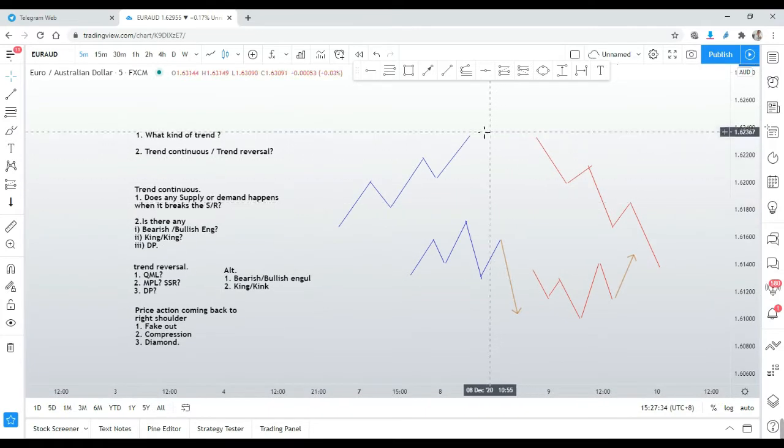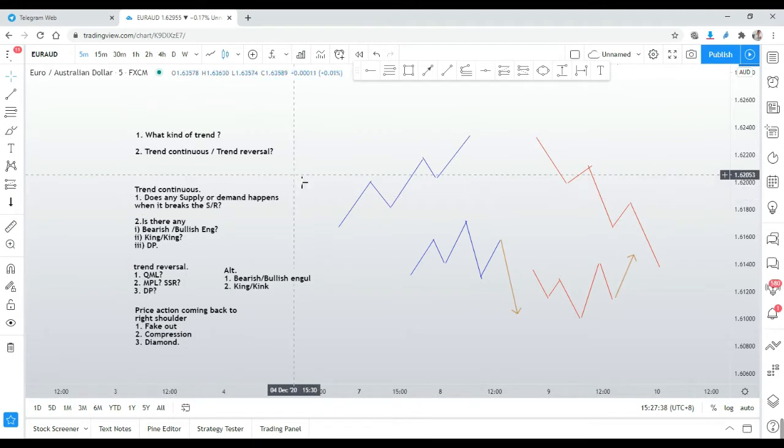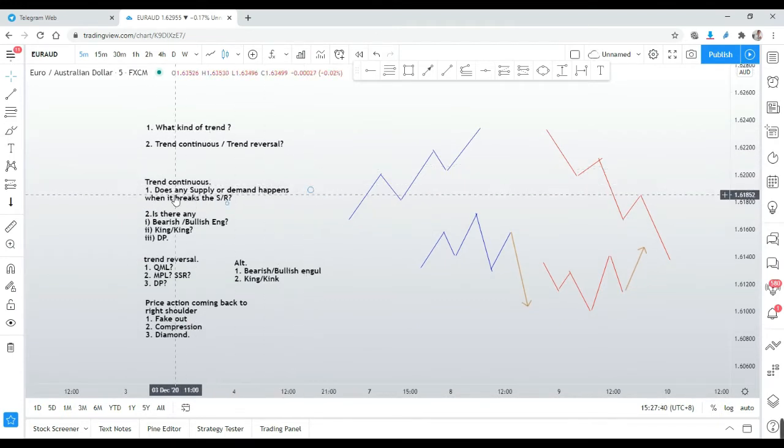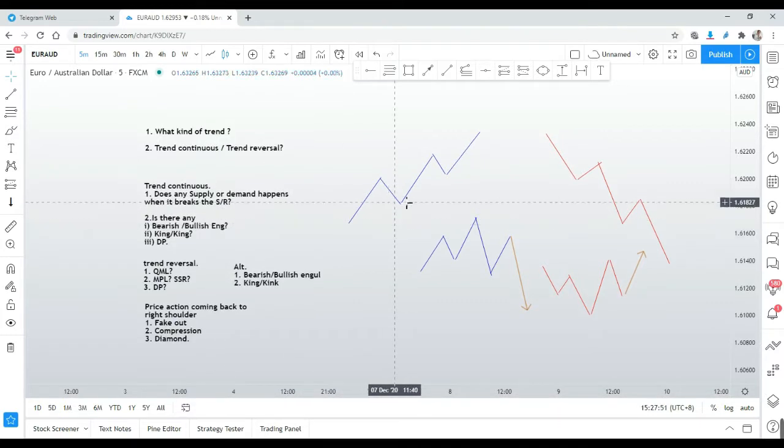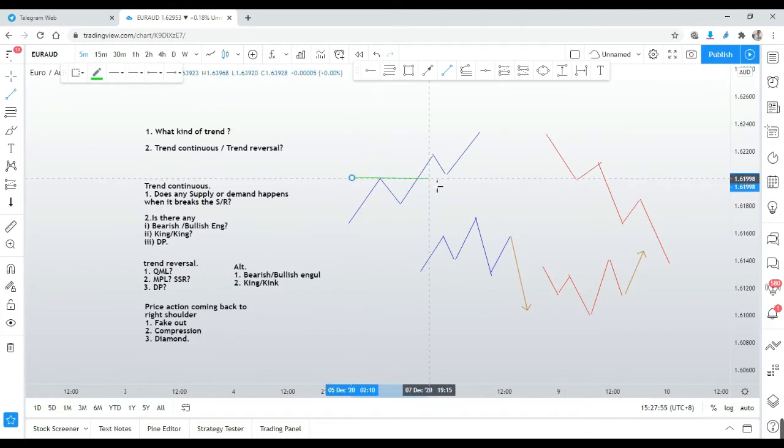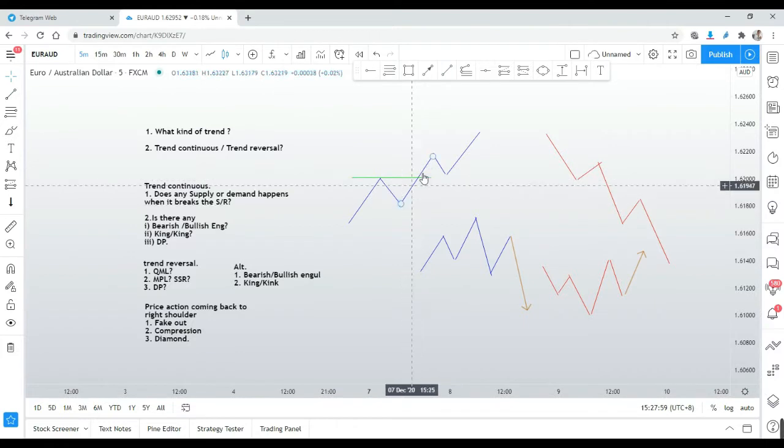Now, if you are trading in the mid-trend, which we call trend continuation, what do you need to identify? You need to identify whether any supply or demand happens when it breaks the support and resistance. For example, assuming there is a support and resistance over here, and the movement goes up, first of all it must be a clean break.